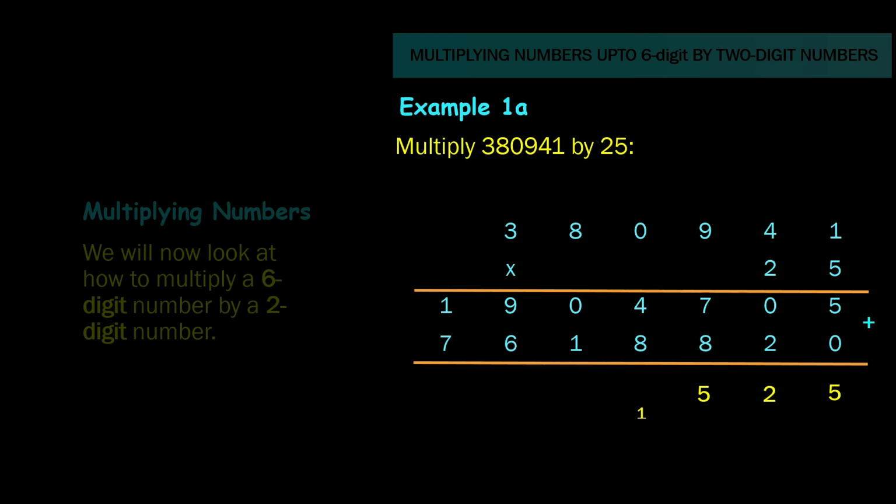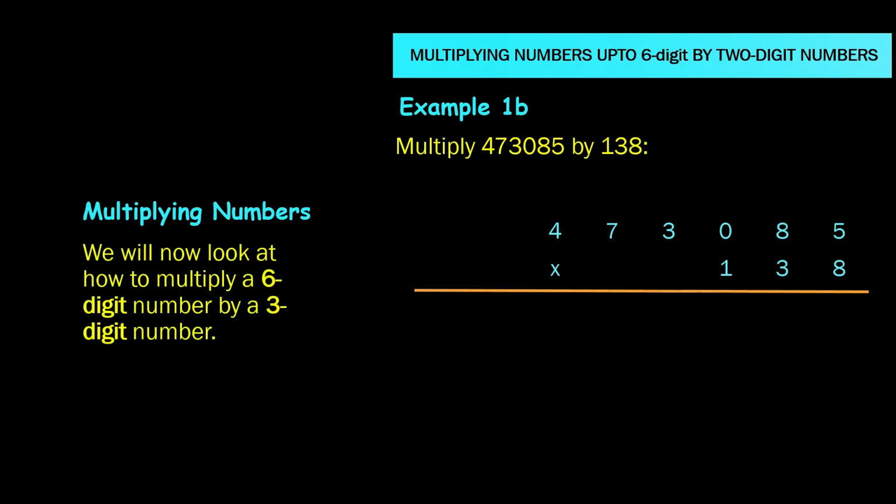Now continue in the same way until you reach the very end, as shown. So 380,941 multiplied by 25 gives us 9,523,525.